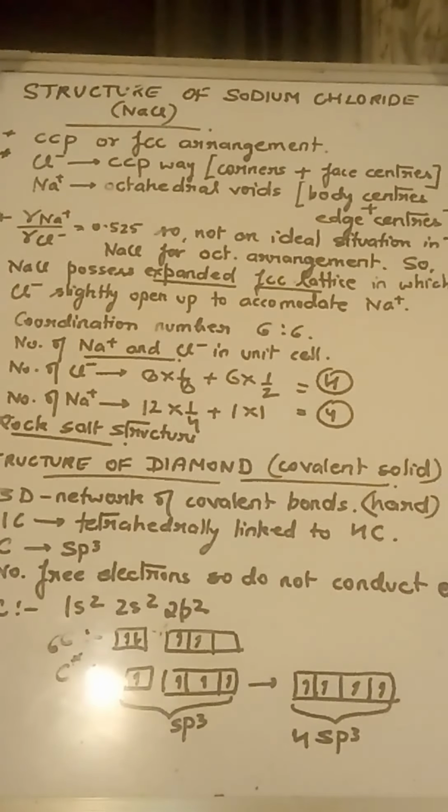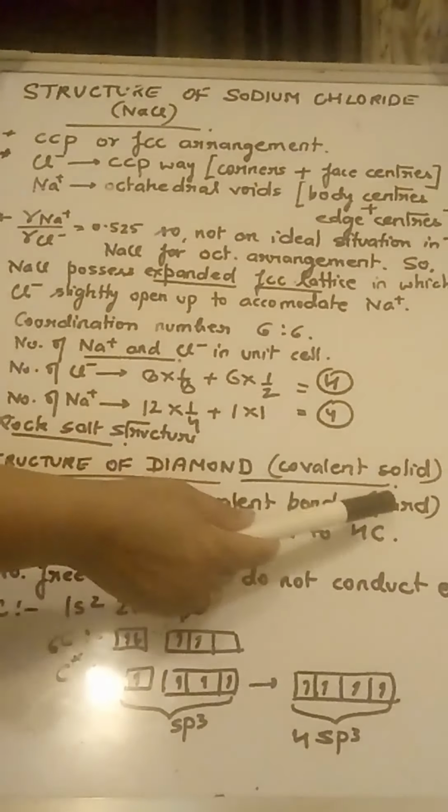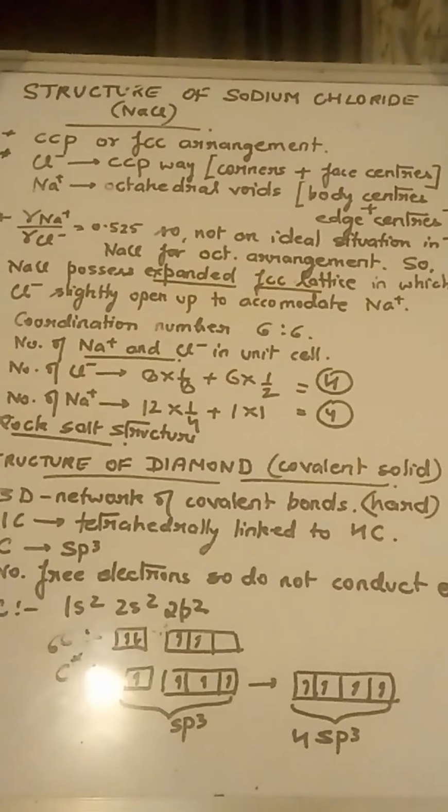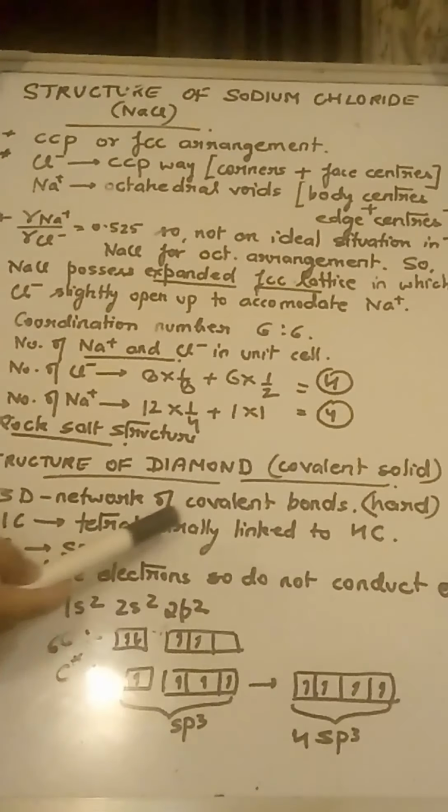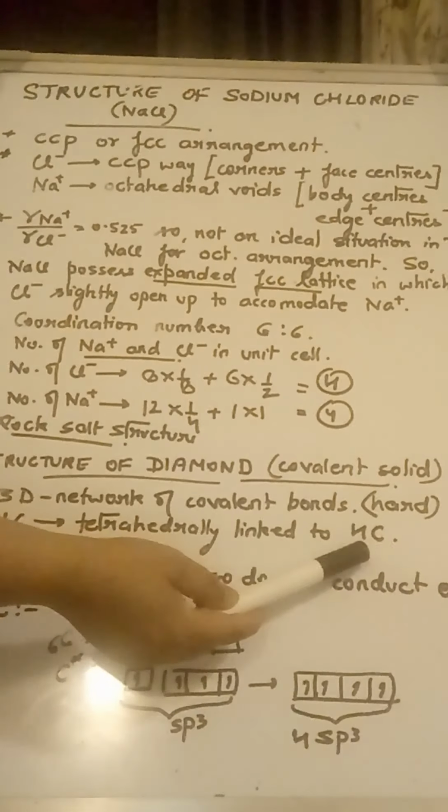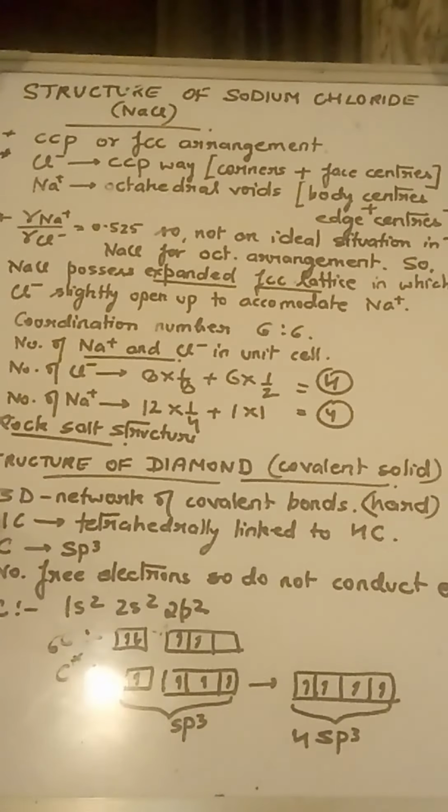And how are the carbon atoms arranged in diamond? Through covalent bonds. The covalent bonds form a three-dimensional network of very strong covalent bonds, because of which diamond is very hard. Each carbon is tetrahedrally linked to 4 other carbons in diamond, and the hybridization of each carbon is sp3, right?